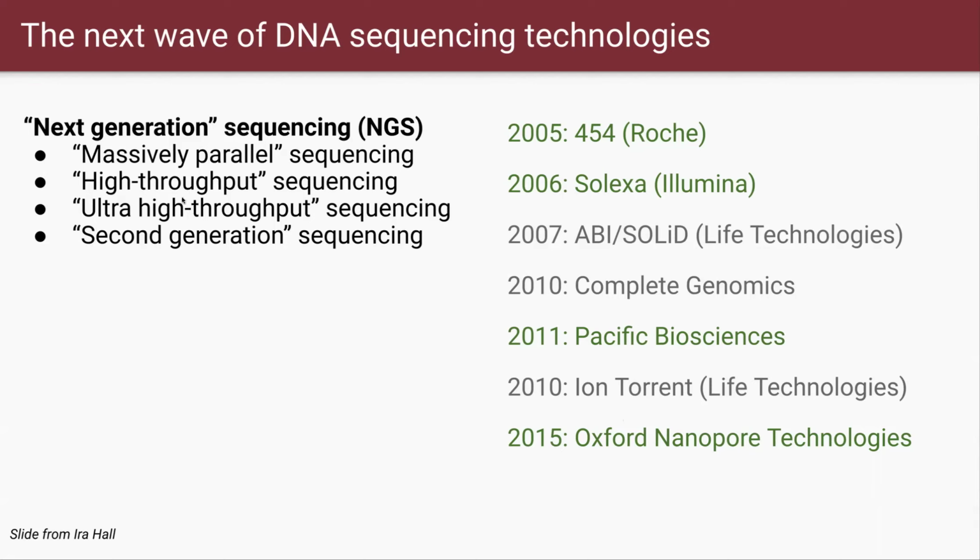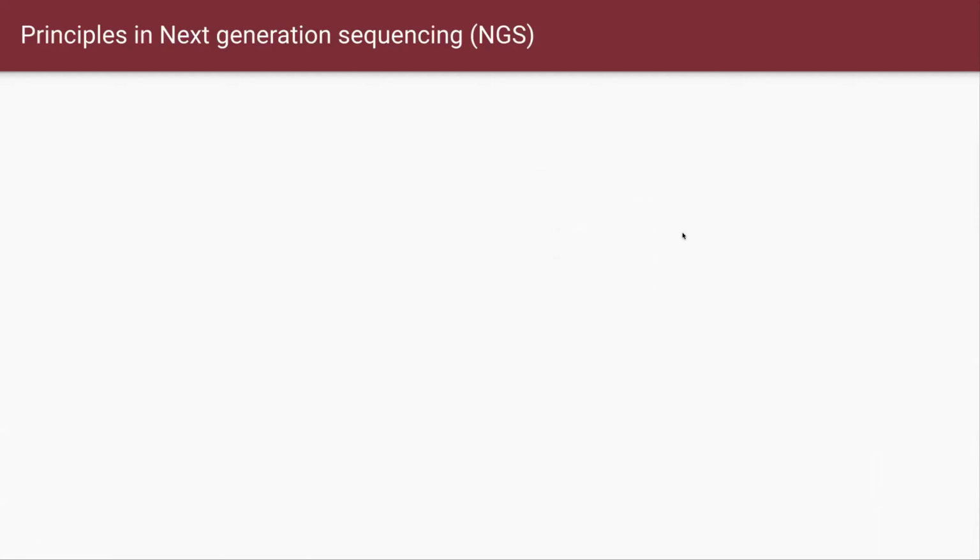At that time, there was another alternative called Solexa technology, later acquired by Illumina sequencing. So this is sort of the prototype of Illumina sequencing at the time. Afterwards, a few more technologies came into the field.